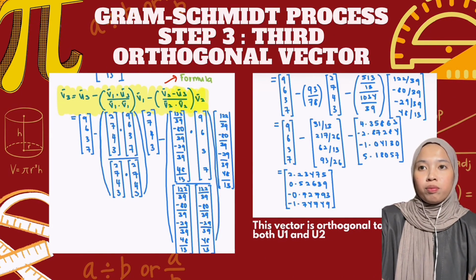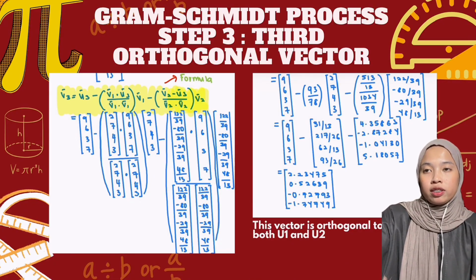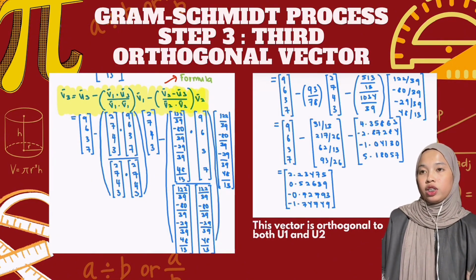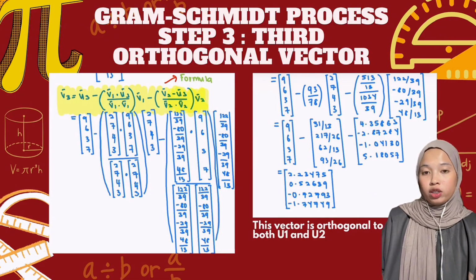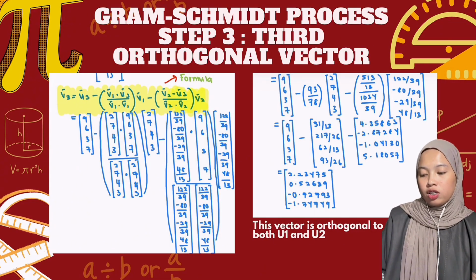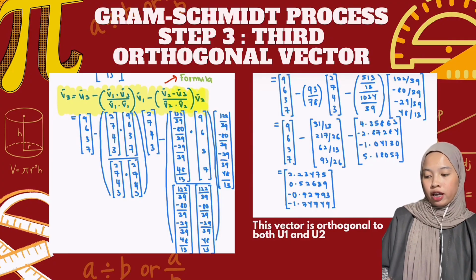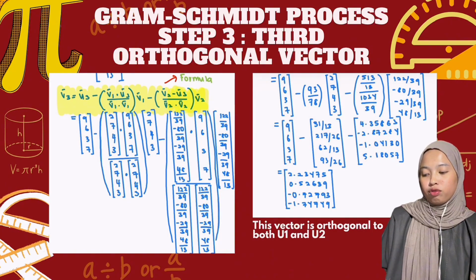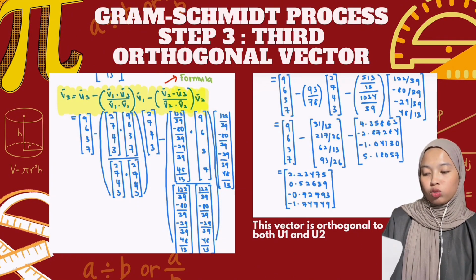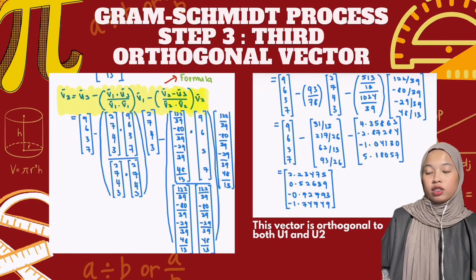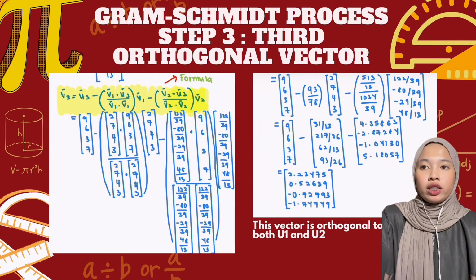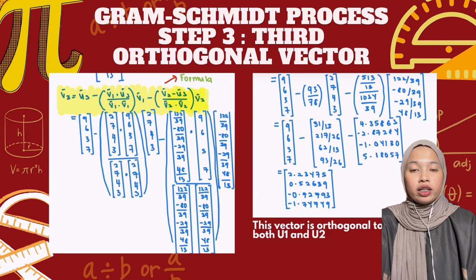Okay, after performing the calculations, we obtain U3, which is the matrix of 2.23475, 0.52639, negative 0.72793 and negative 1.74749. This vector is orthogonal to both U1 and U2.